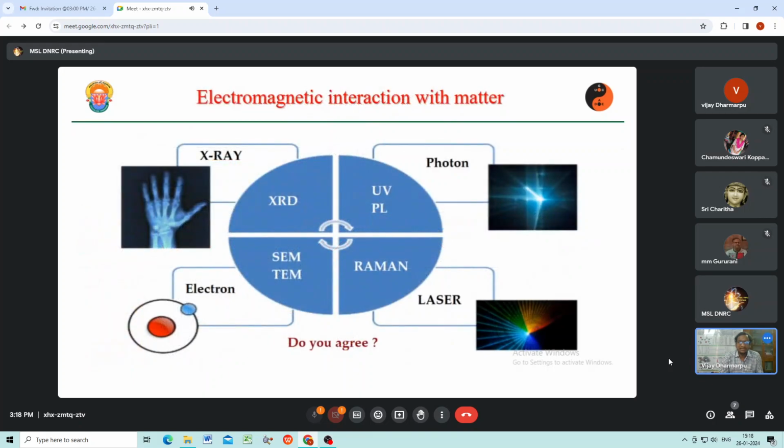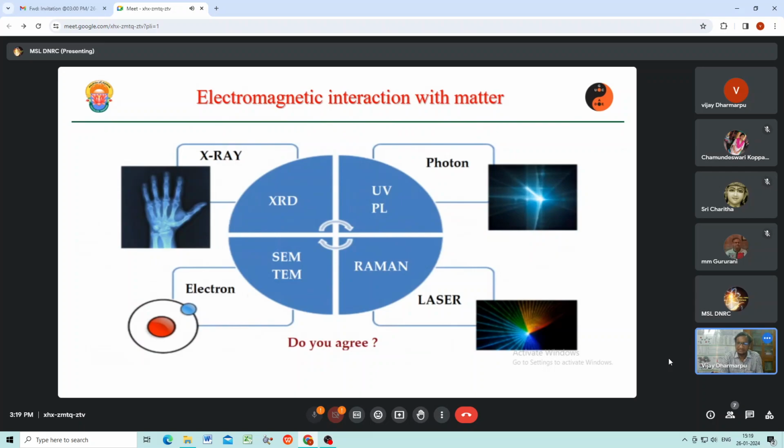Some applications like XRD use X-rays and give pictures of structural information. If we take any crystal or powder, we need to go for X-ray, because we need to confirm the structure and size.